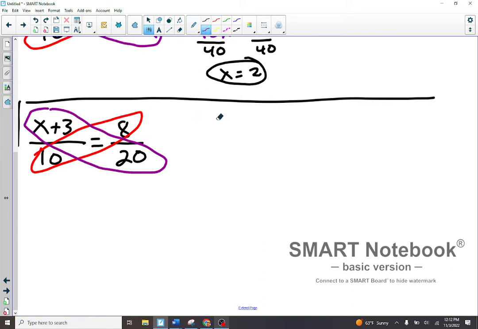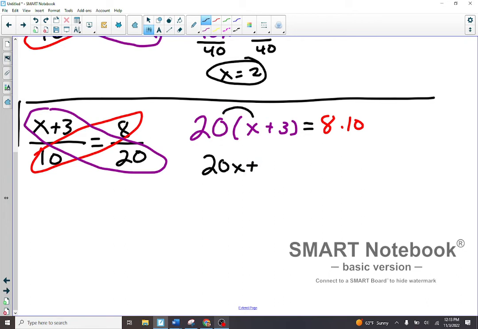In the purple, please make sure to write it like this: 20 times the whole x plus 3. Everything on the top is being multiplied by 20, and I show that with a parenthesis. And that's going to equal 8 times 10. So 20x plus, remember to distribute, 60 equals 80.